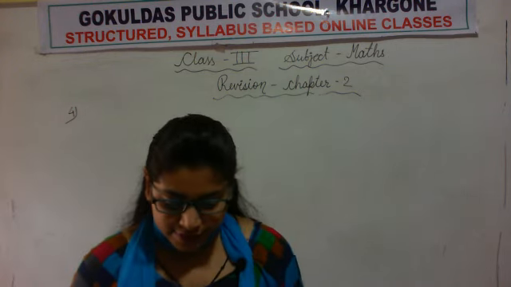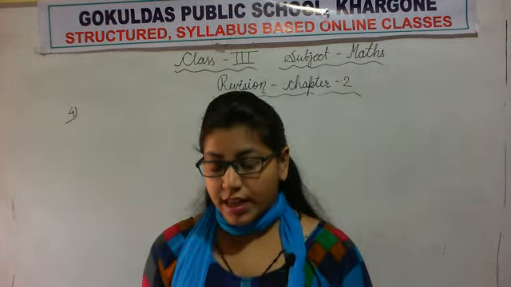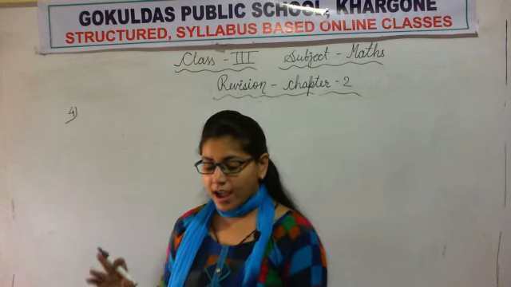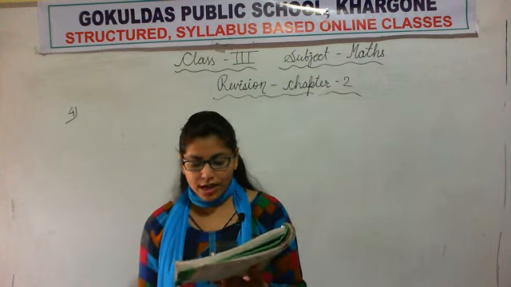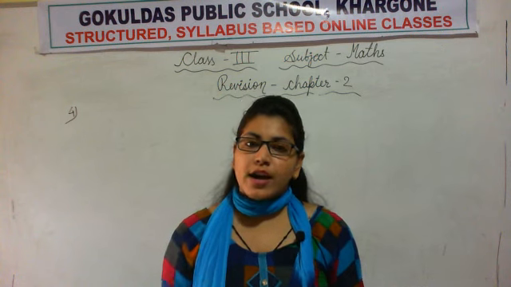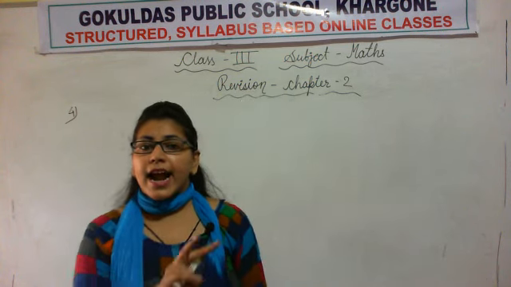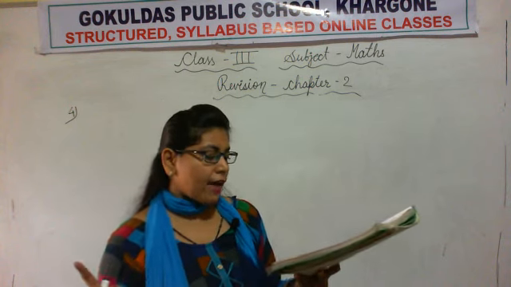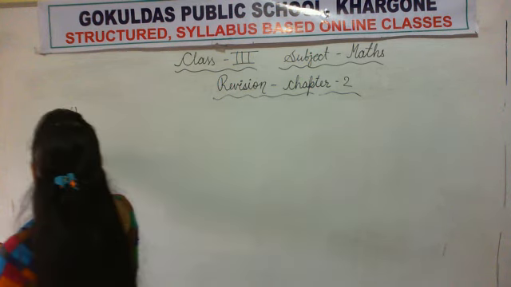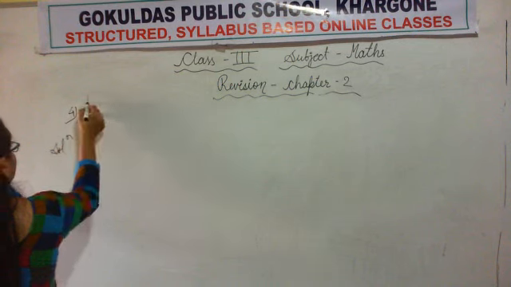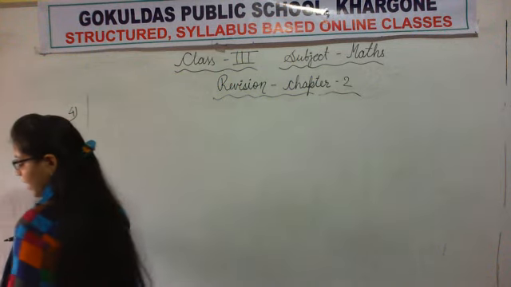There are 349 employees in one company and 256 employees in another company. See, there are 2 companies. One company is having 349 employees.